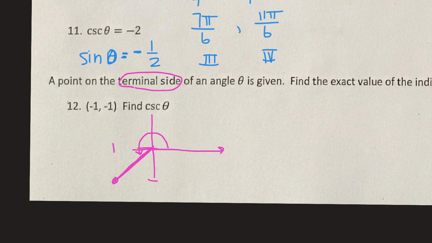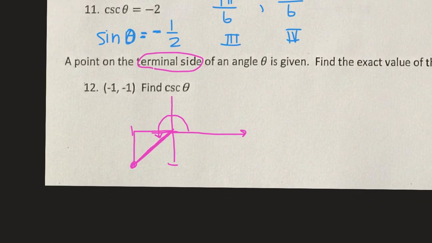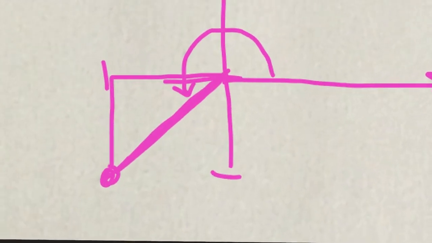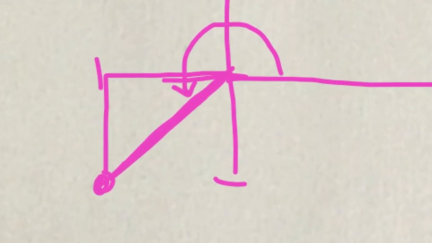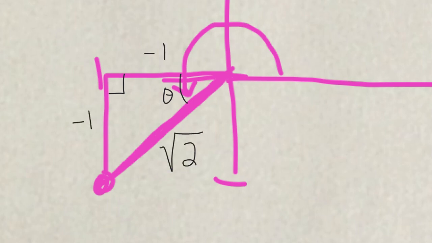Well, the cosecant of that angle is the same as the cosecant of the reference angle. And the reference angle is just this tiny little one right here. So in order to find the cosecant, we're going to use the Pythagorean theorem to figure out what the hypotenuse is.